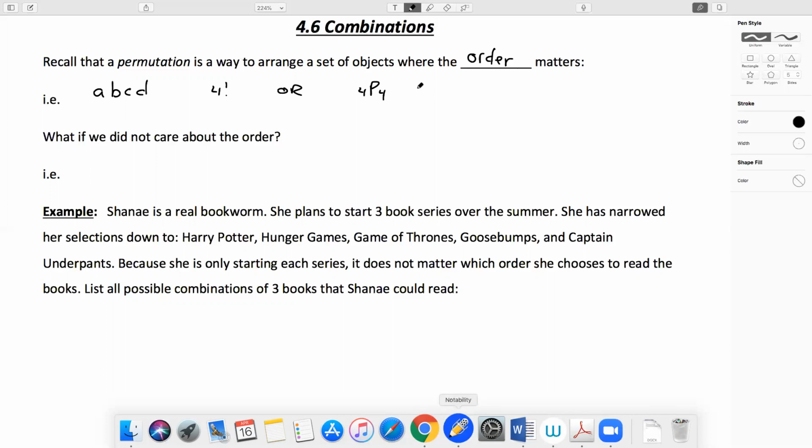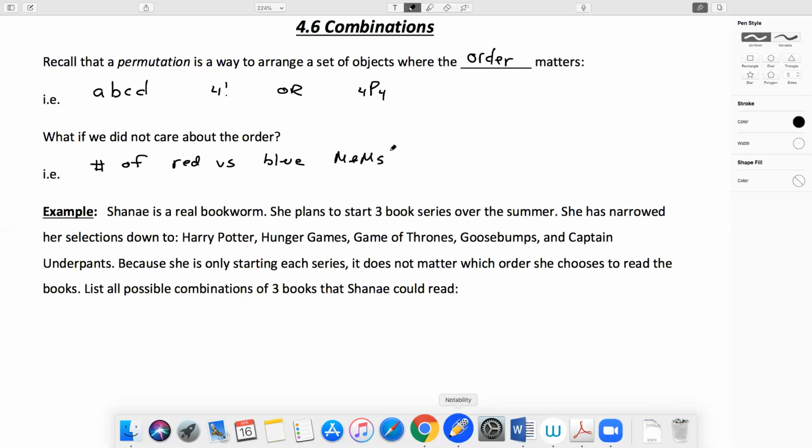Words aren't a great example of this because the order of letters does matter. What if it's something like the combinations that you get in a bag of M&Ms, the number of red versus blue M&Ms?